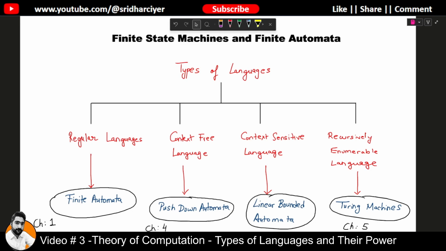So if you have knowledge of finite automata, then you will be able to understand what a regular language is. Similarly, there is one more language called context-free language. For a context-free language, knowledge of only finite automata will not be sufficient. You need something called a push-down automata to accept certain languages which are called context-free languages.